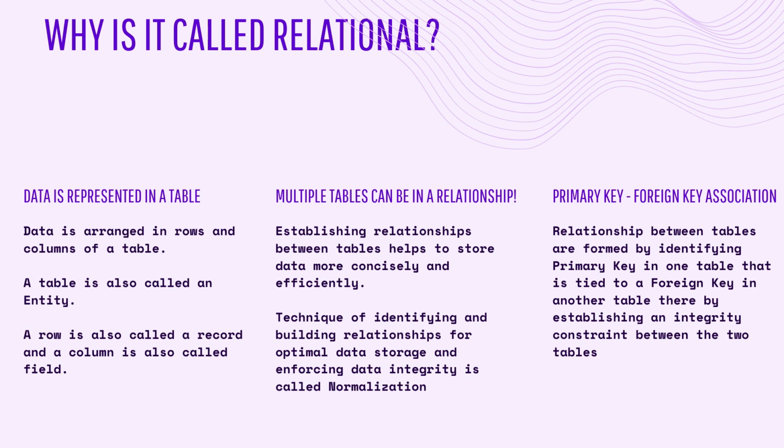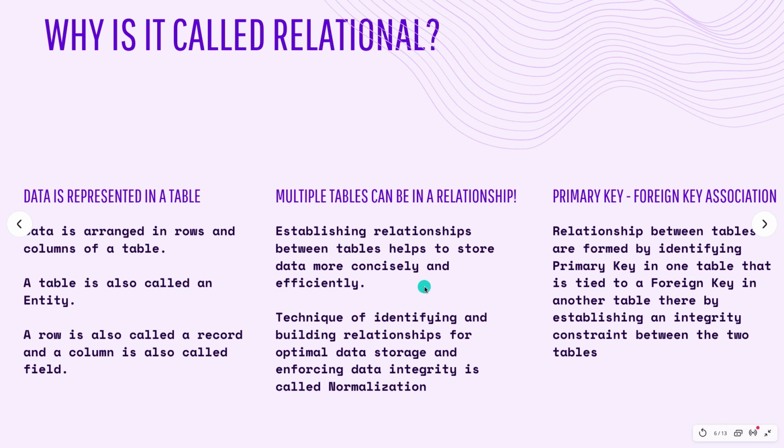Let's understand a few things in detail here. First of all, data is represented in a table. Data is arranged in rows and columns of a table. A table is also called an entity, a row is also called a record, and a column is also called a field. The next thing is relationship.